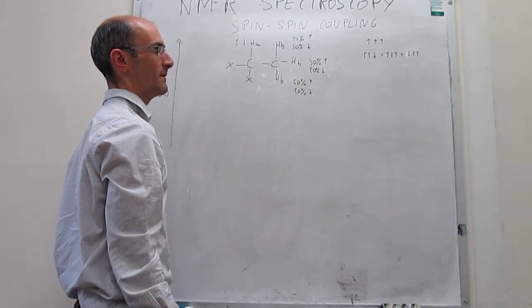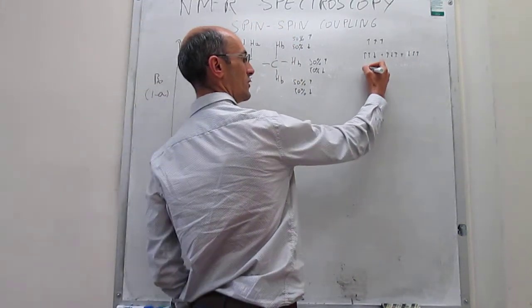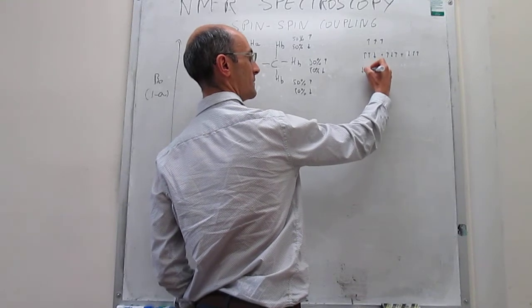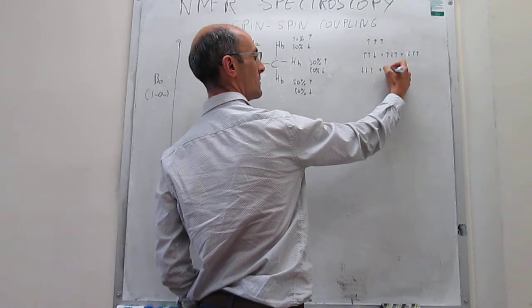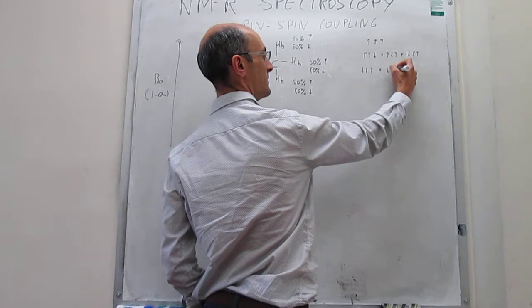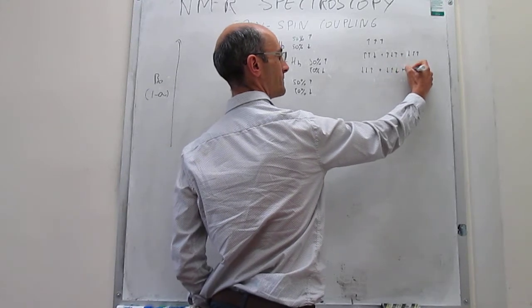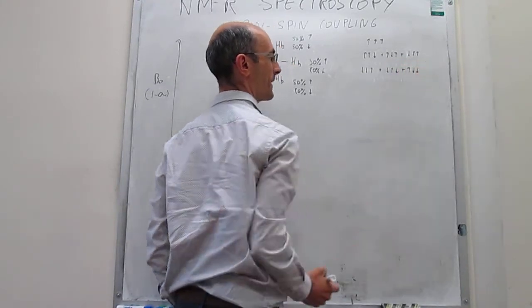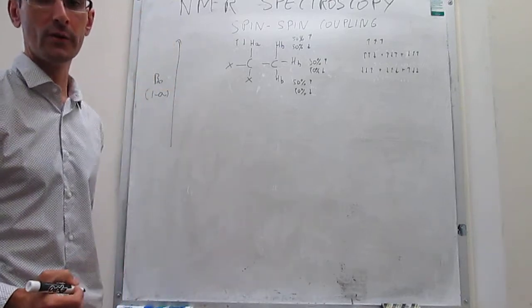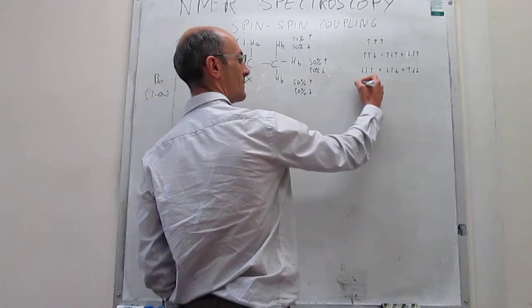Then you also have the possibility that 2 are pointing down and 1 is pointing up. Finally, the only other combination is that the 3 of them are pointing down.